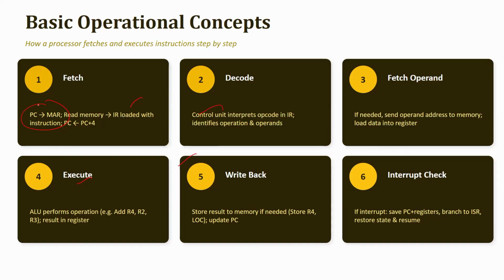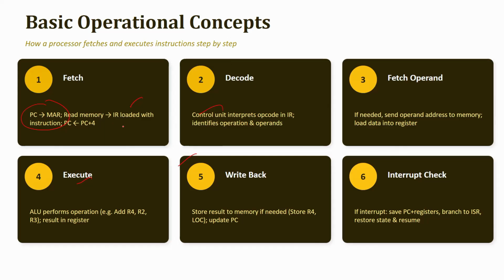Here the program counter holds the address of the next instruction, while the MAR, the memory address register, stores the address of the memory location that the central processing unit wants to access.